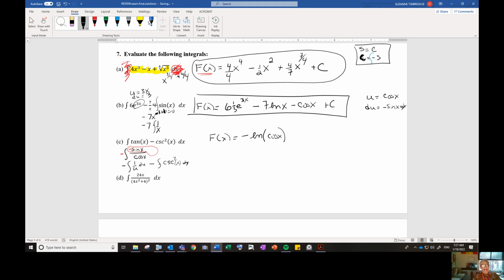And then we have minus the integral of cosecant squared, which means we have a derivative of negative cosecant squared. And if you go look at your derivative cheat sheet, the integral of negative cosecant squared is cotan, positive cotan. So we have plus cotan x plus c.